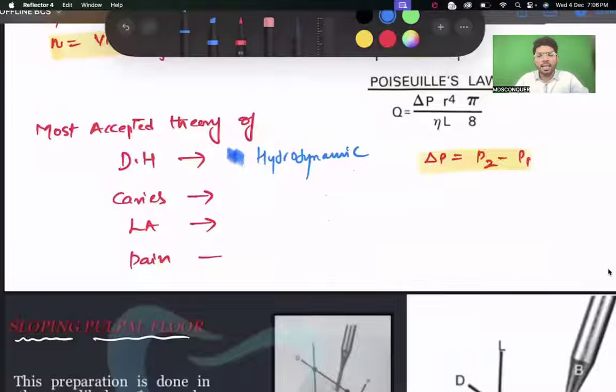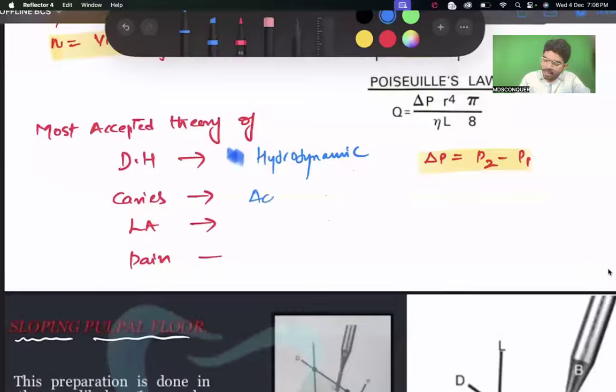So most accepted theory of caries is the acidogenic theory, also called the chemoparasitic theory.